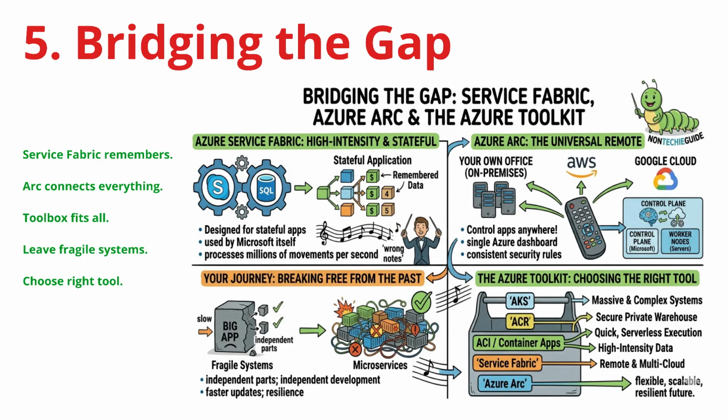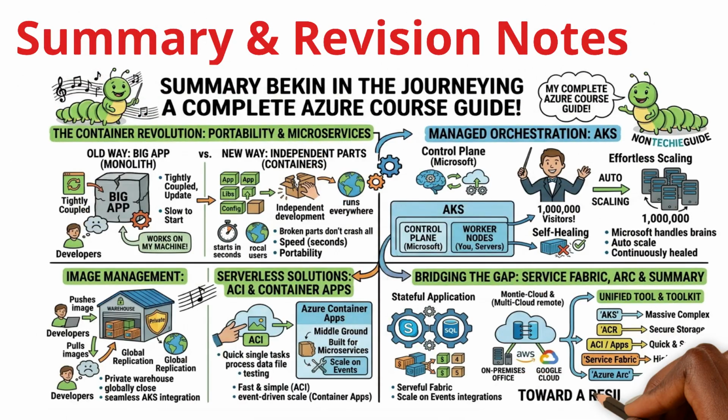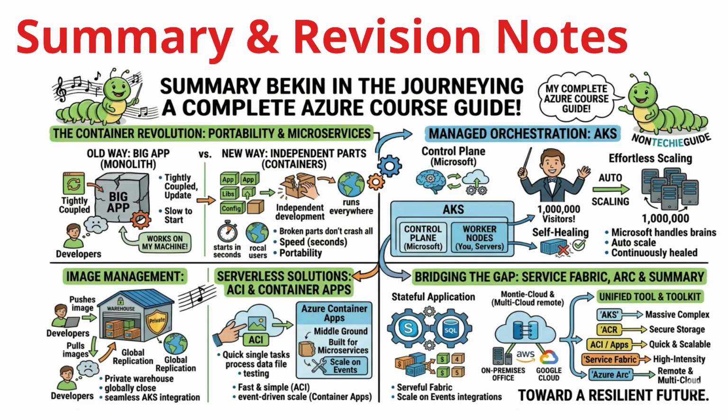We started by transitioning from old, high-risk monolithic applications to portable, independent container units. Next, we mastered AKS for massive managed orchestration, effortless scaling for millions of users, and continuous self-healing resilience.